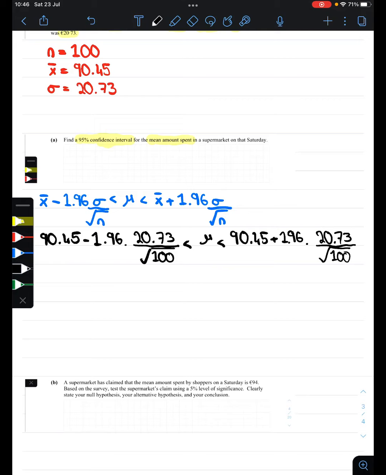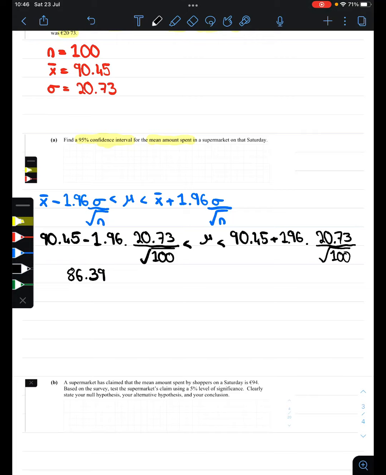Alright, so let's just plug that into our calculator. 90.45 minus 1.96 by 2.073, or 20.73 over 10. And that's 86.39.